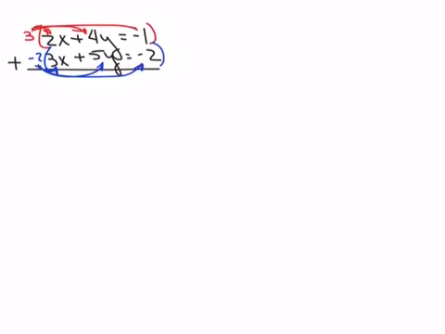So let's do that distribution so you can see what I have. Okay, so in red, the top number distributed, 6x plus 12y equals negative 3. And in blue on the bottom, negative 6x minus 10y equals negative 2 times negative 2 is positive 4.